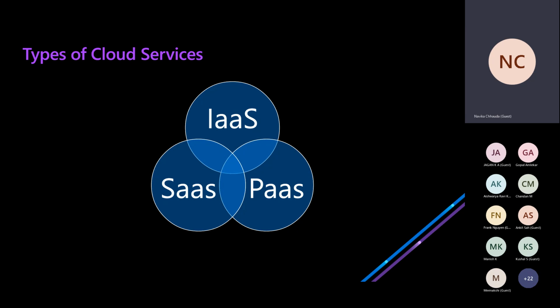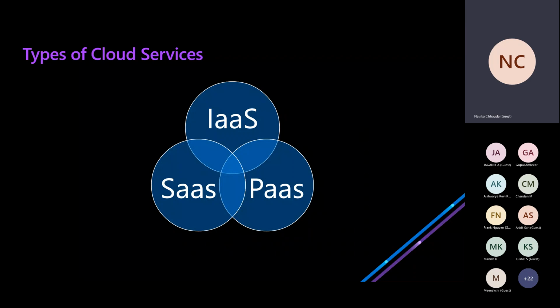That is how it actually works. Taking some examples of SaaS, for example, Office 365 is SaaS. Then you have Skype, that also comes under Software as a Service. Then you have Dynamics CRM Online. So these are a few examples of Software as a Service.